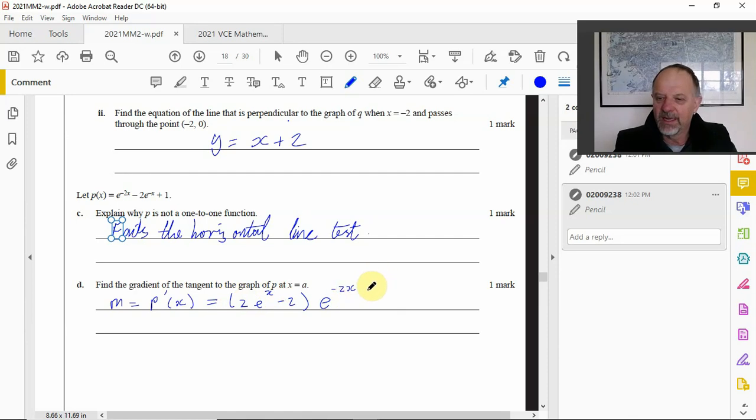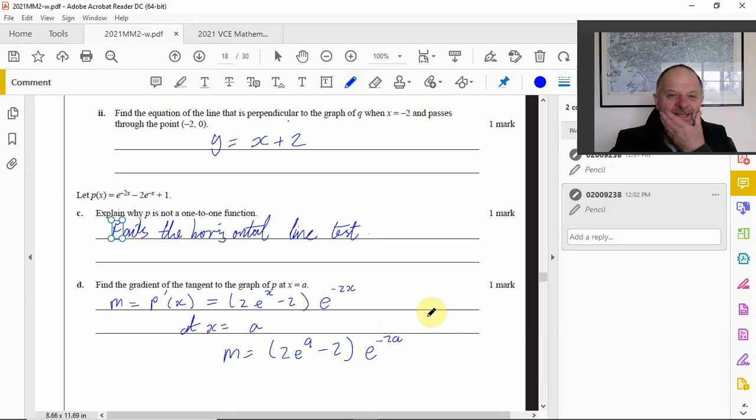All right, and so we want to know what the gradient is at x equals a, and so at x equals a, that gradient, just need to put a in there, so it's 2e to the a minus 2, and then e to the minus 2a.